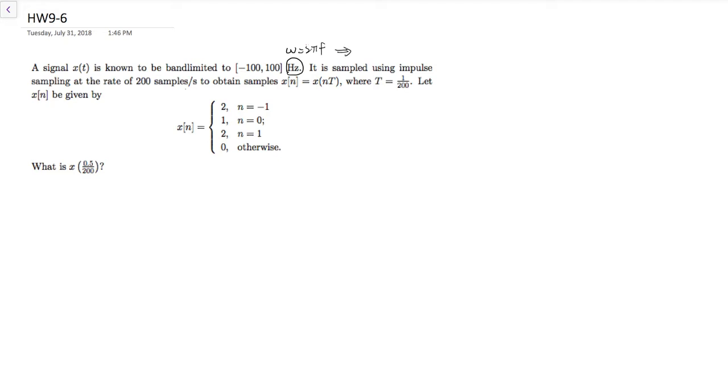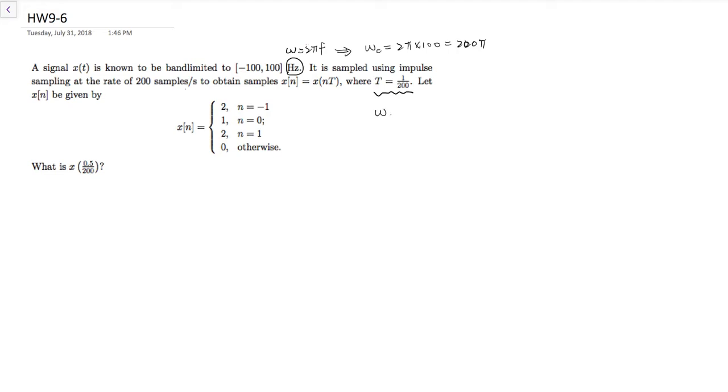So we can calculate our cutoff frequency omega c equals 2 pi times 100, which is 200 pi. And we know our sampling period T is 1 over 200.